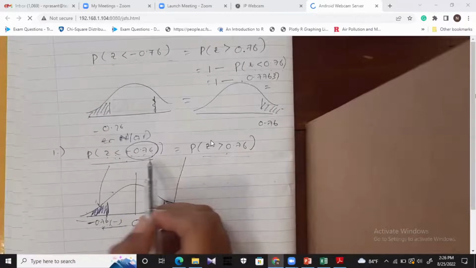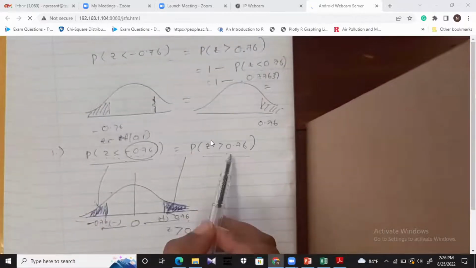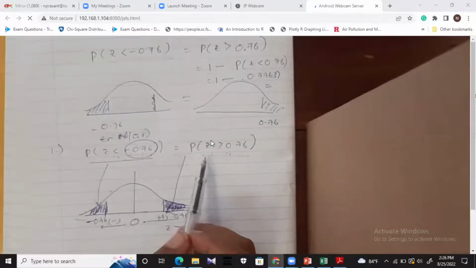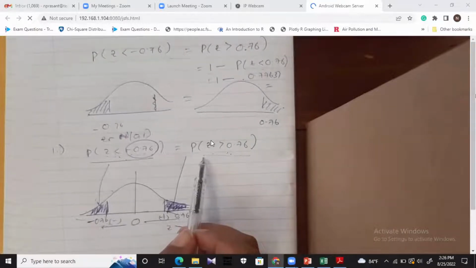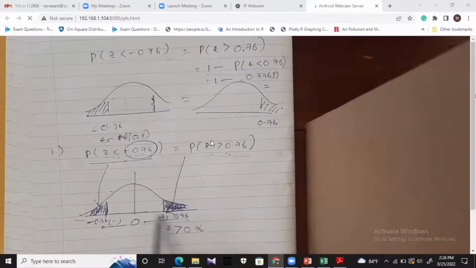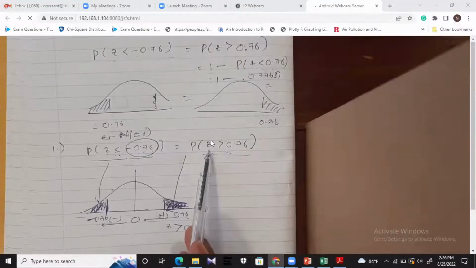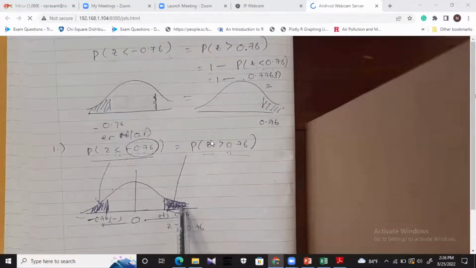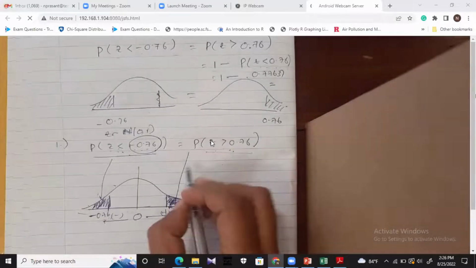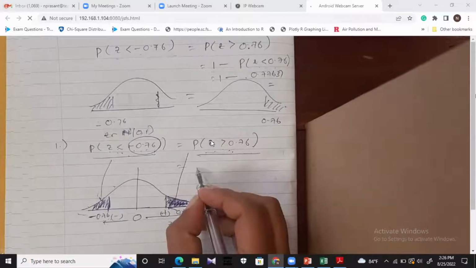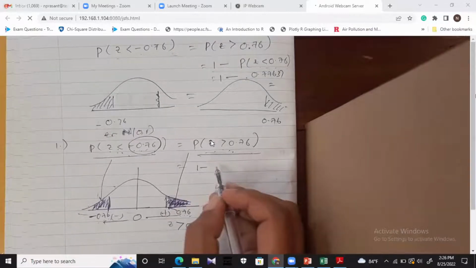Now, still we can't read this probability from the table. Why? The standard normal table represents probabilities to the left of the Z value. But we have here Z greater than. Therefore, this probability can be written as 1 minus P(Z < 0.76).